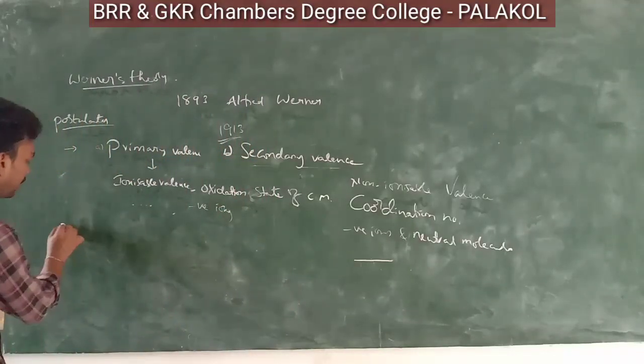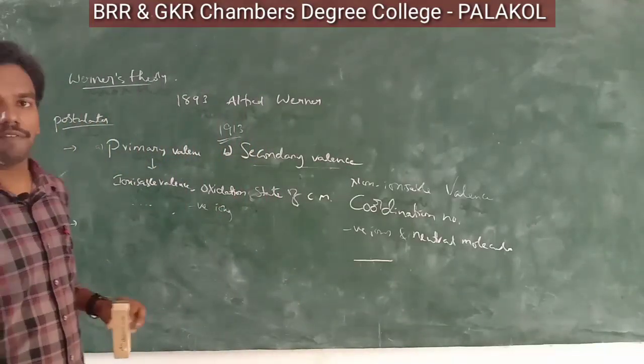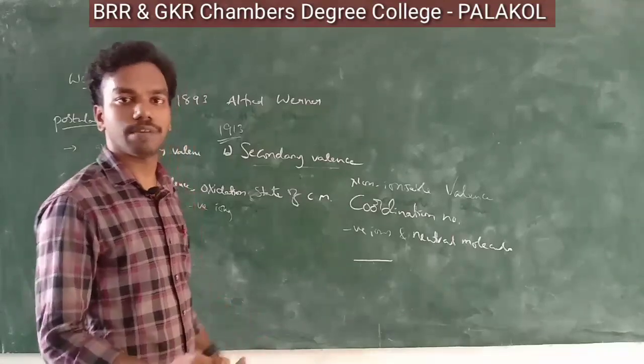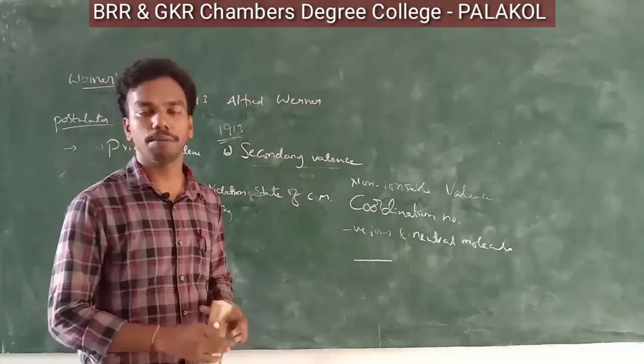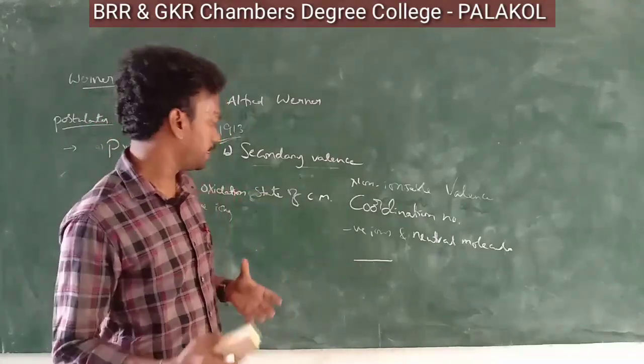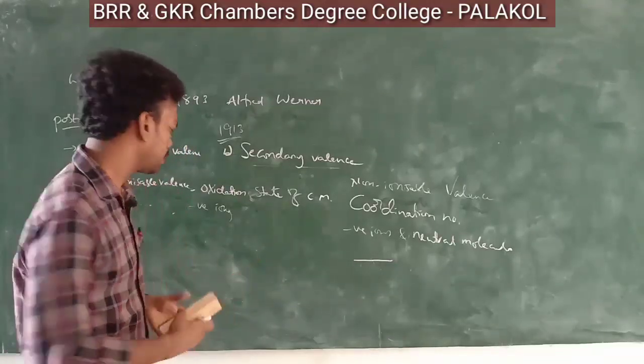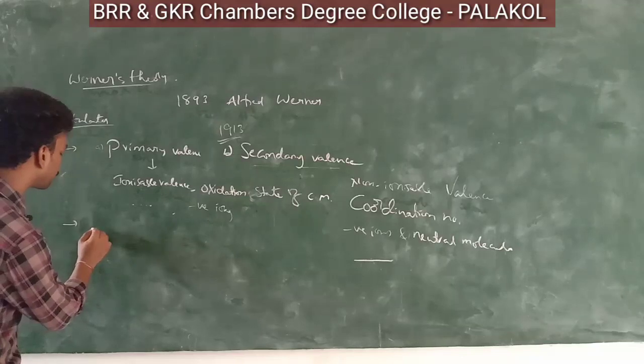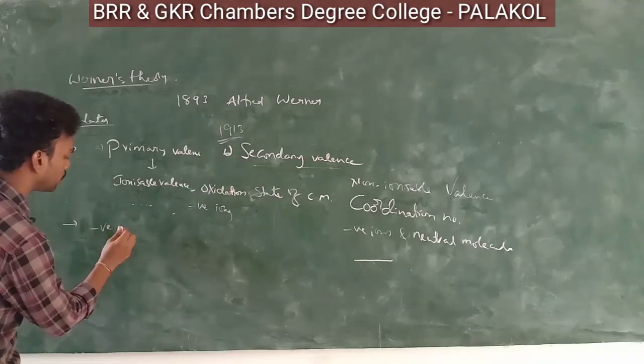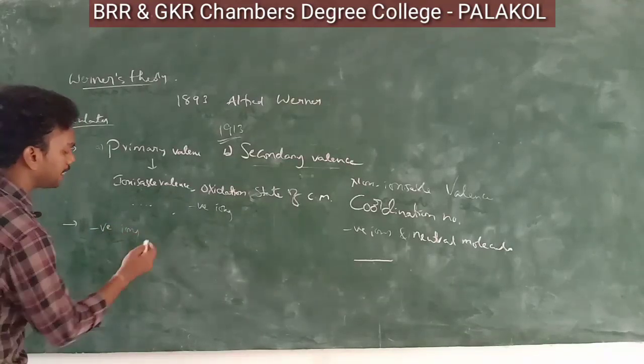And the second postulate: every metal atom has a tendency to satisfy both primary valency and secondary valency. For this purpose, most often negative ions exhibit dual behavior.